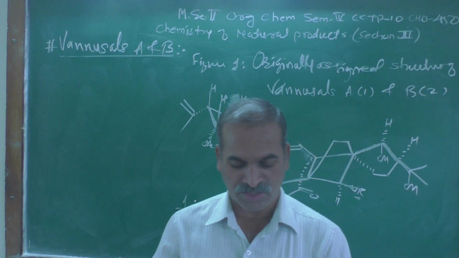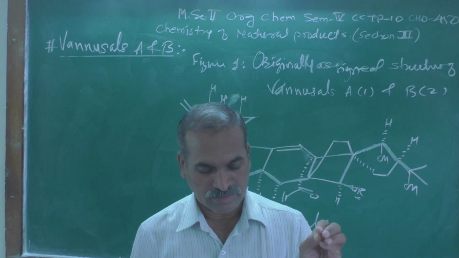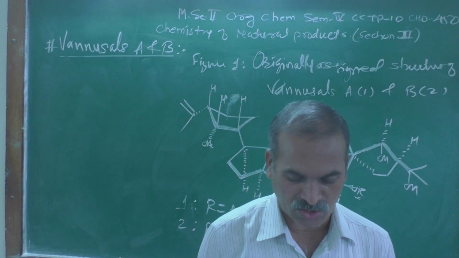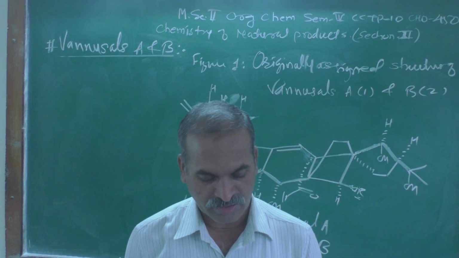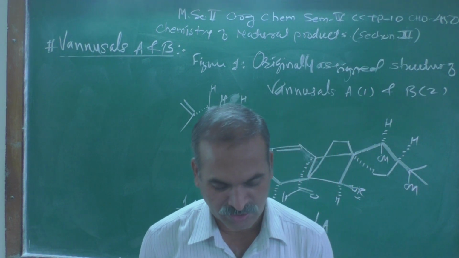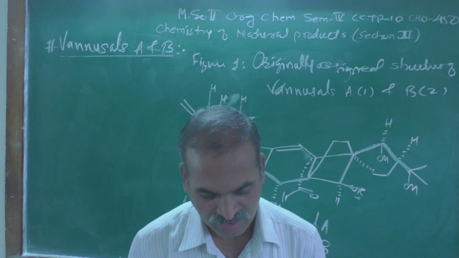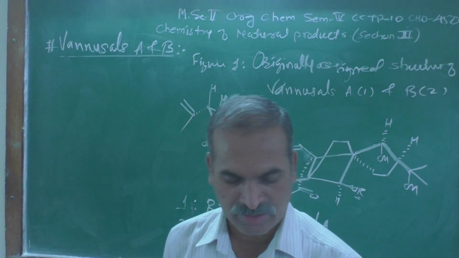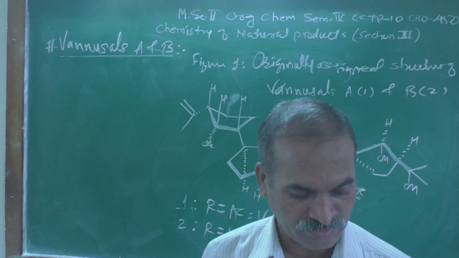These investigations led to the discovery and development of a number of new synthetic technologies that set the stage for the solution of the Vanusel structural conundrum, meaning a very difficult problem for us.